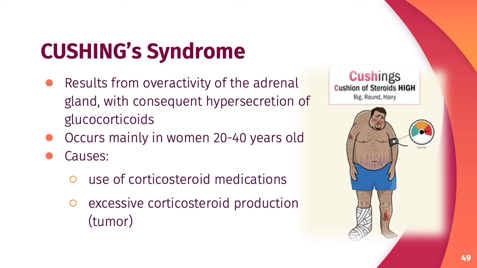Common causes would include the use of corticosteroid medications, or excessive corticosteroid production because of a tumor. The manifestations of Cushing's disease can be seen in most body systems, and they could be related to excess levels of corticosteroids, though patients can also exhibit symptoms of excess mineralocorticoid and androgen excess.